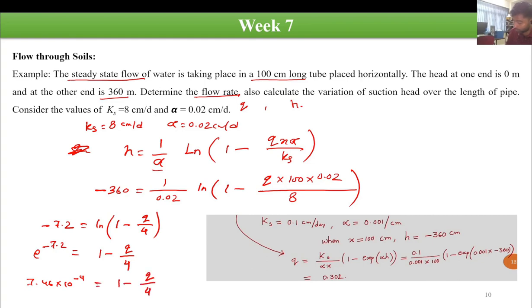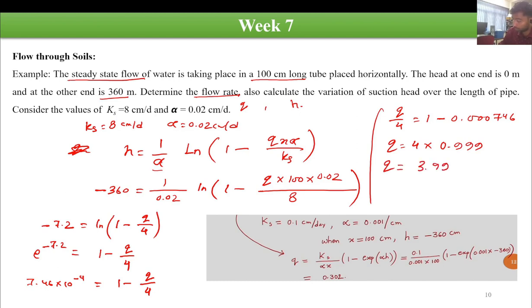So if we take q here, then q by 4 is equal to 1 minus 0.000746. So q will be equal to 4 times 1 minus something. This one, 1 minus 0.000746, is equal to 0.999. So q will be equal to 3.99, okay, centimeter cube per day, right?